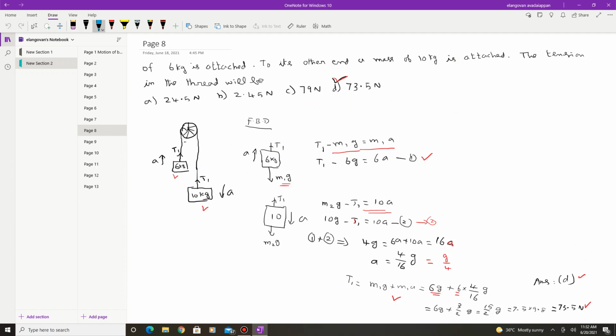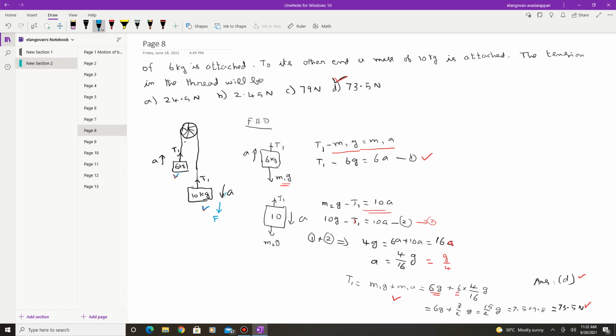Here there is a thread connected over a pulley, and on one side 10 kg and on the other side 6 kg. Since the 10 kg mass is larger than the 6 kg mass, the force will be acting downwards, so the acceleration is in the downward direction.